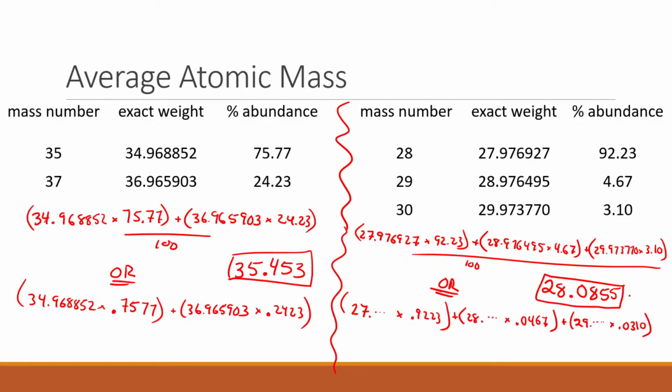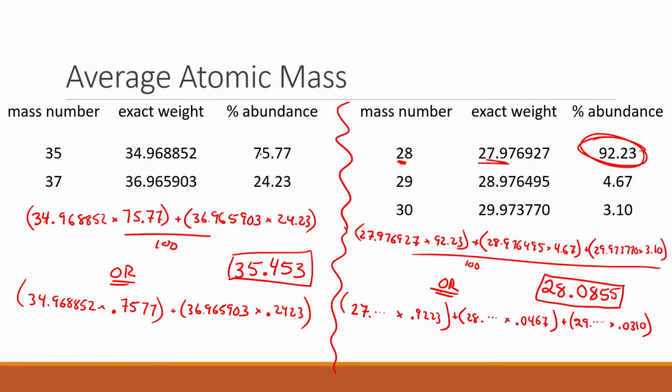And again, if we think about these mathematically, it makes a lot of sense. My highest value here is the 28, 27.9, being pulled upwards by two smaller abundances, but higher values. So my average is going to be very close to my 28.